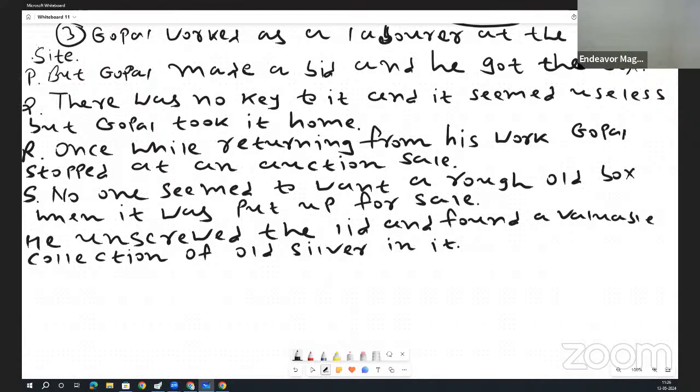Okay. The opening statement is, students, Gopal worked as a laborer at the building site. This is the ending statement: he unscrewed the lid and found a valuable collection of old silver in it.